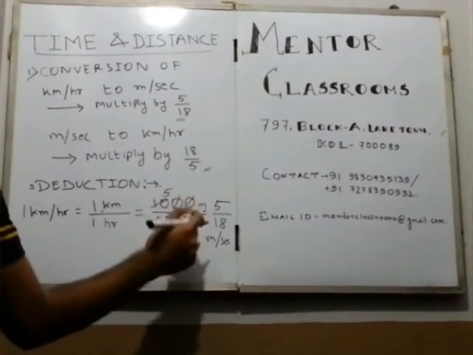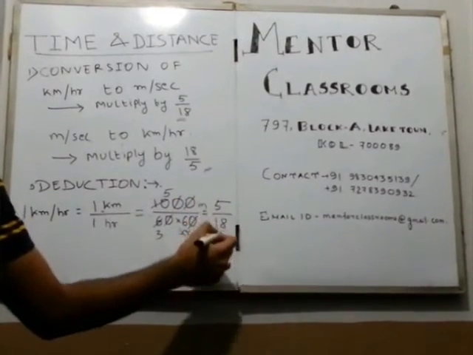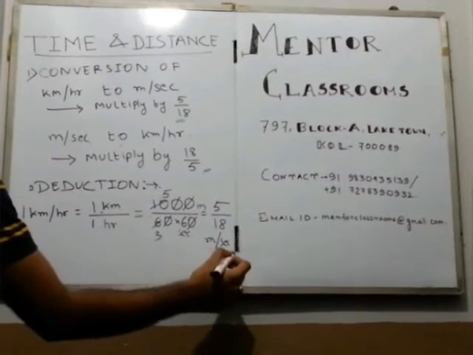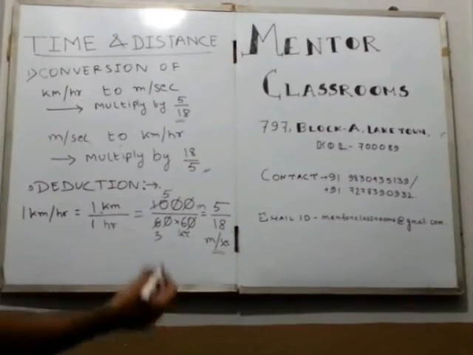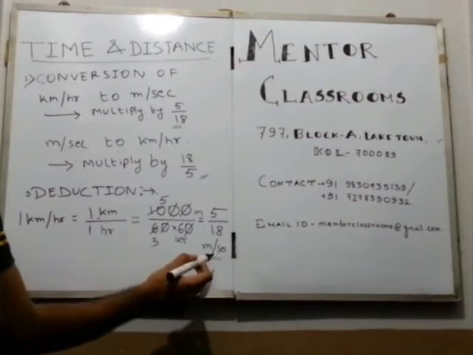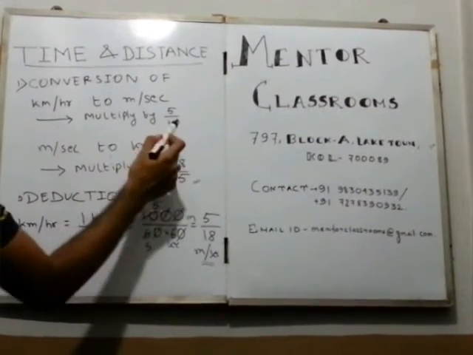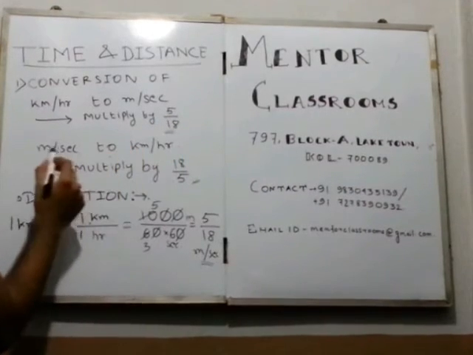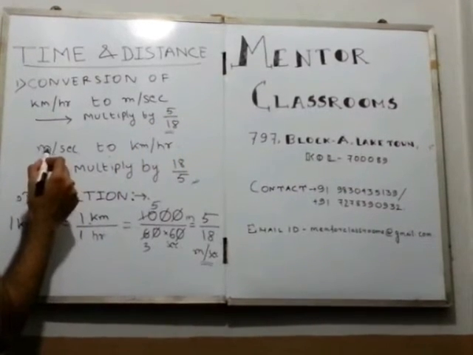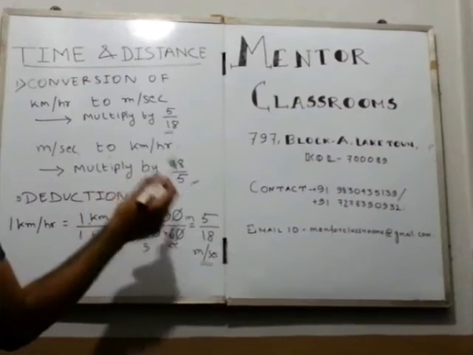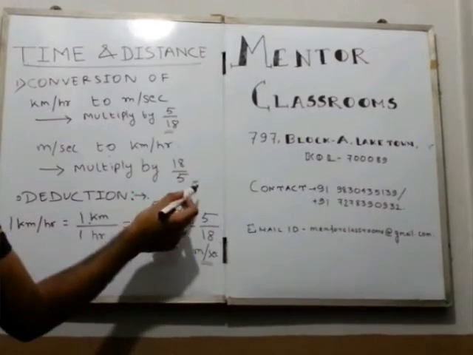Now if we simplify this, we get 5 by 18 meter per second. So guys, this is clear from this deduction that to convert kilometer per hour to meter per second, we have to multiply by 5 by 18, and to convert meter per second to kilometer per hour, we have to multiply by 18 by 5.